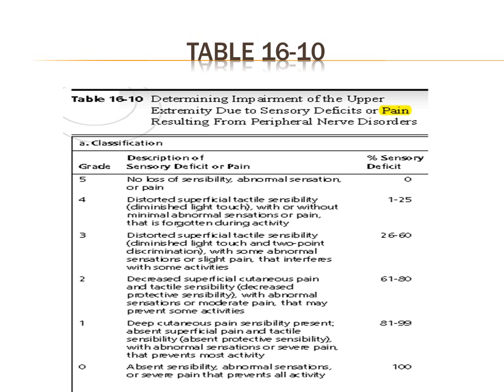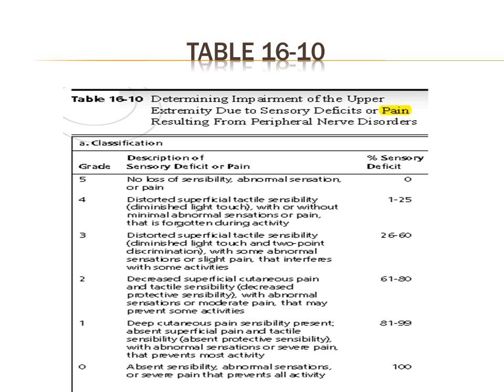The AMA guides refer us back to Table 16-10 to determine partial sensory losses, and I just want to go over a couple of important factors about this table. This is Table 16-10, and this is out of the upper extremity chapter, but we are mandated by the guides to use this table also in determining impairments of the lower extremities.